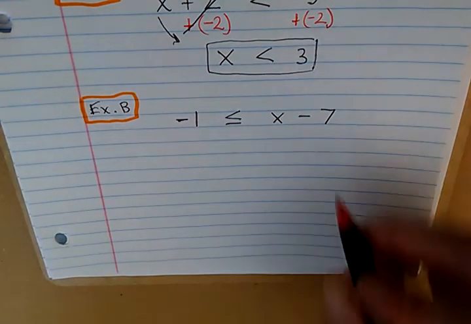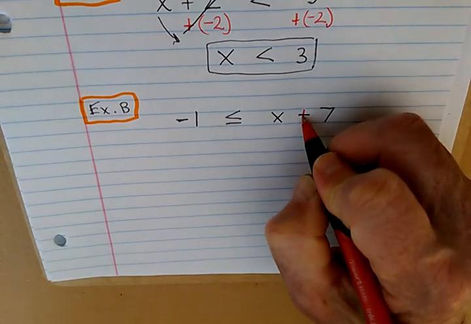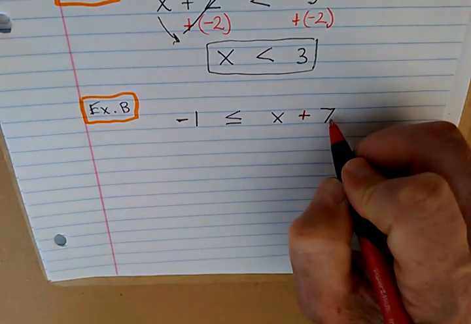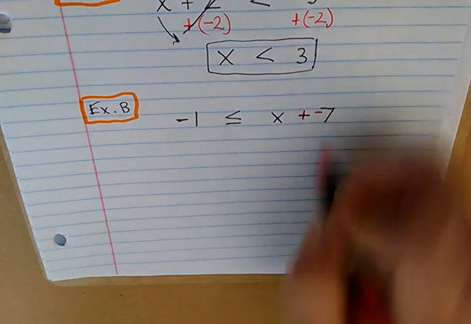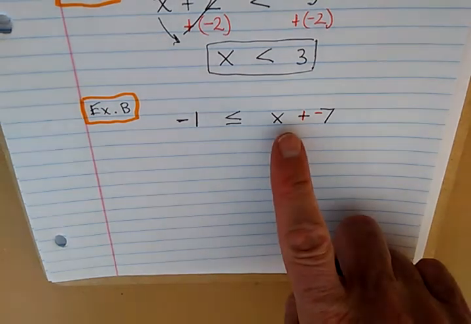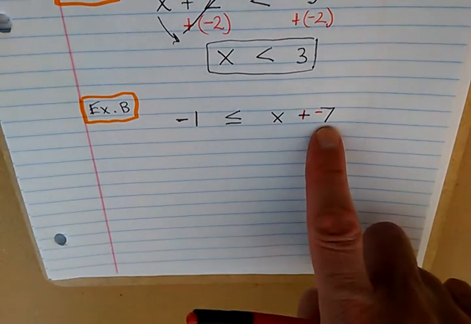So let's change this to addition, and we learned that we change it to addition with one line, and then our second line changes the sign of the next number. So this positive 7 becomes a negative 7. So originally it was x minus 7, but that's the same as x plus negative 7.